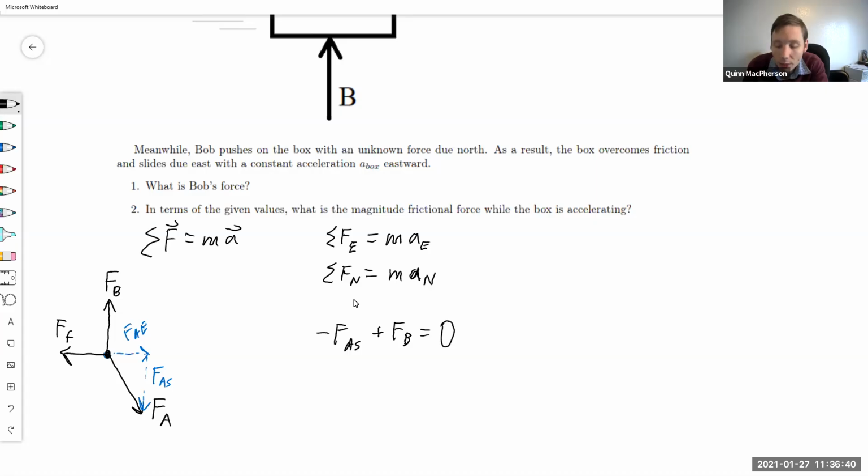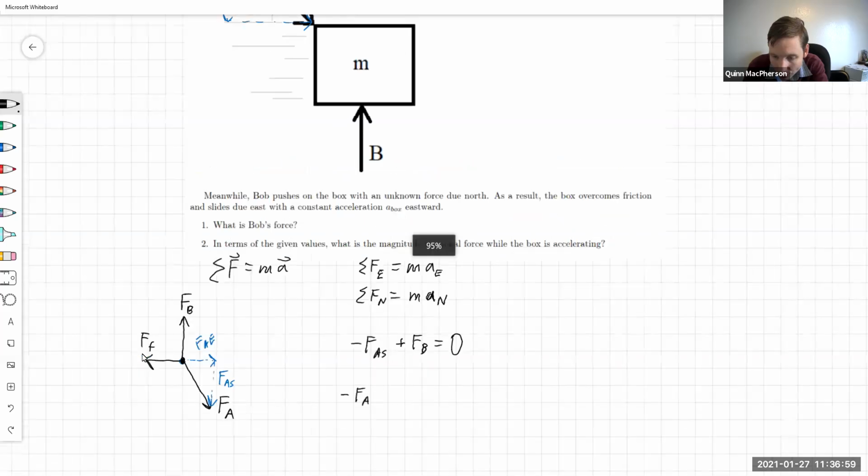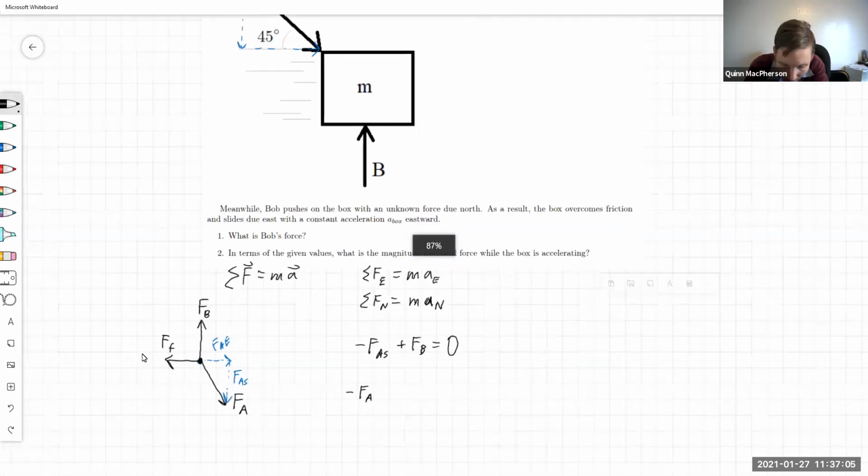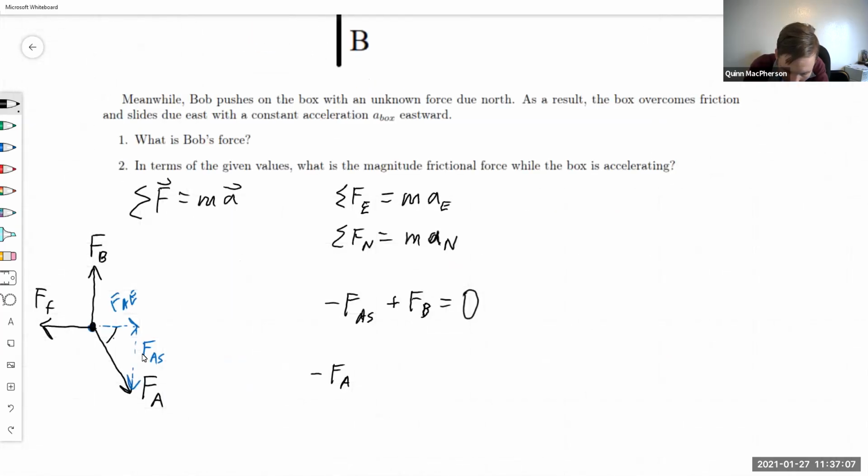We can now break up force Alice into force Alice south and force Alice east. Force Alice south becomes force Alice times, and then I need my angle in here. So let's remember our angle. That is the angle there. If I use opposite interior angles, that is 45 degrees right there.